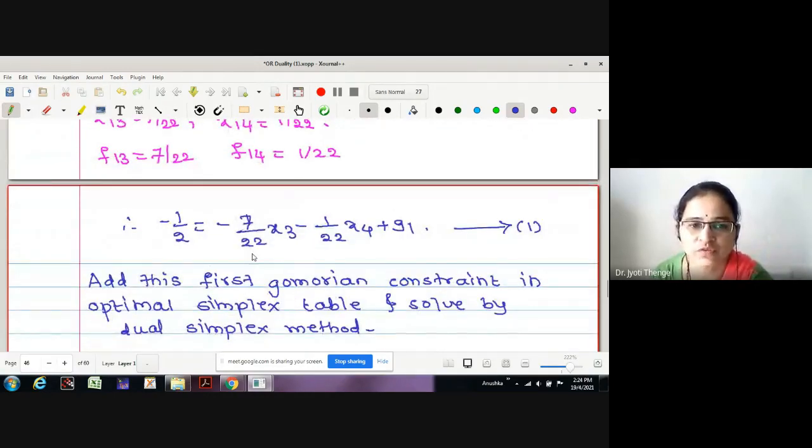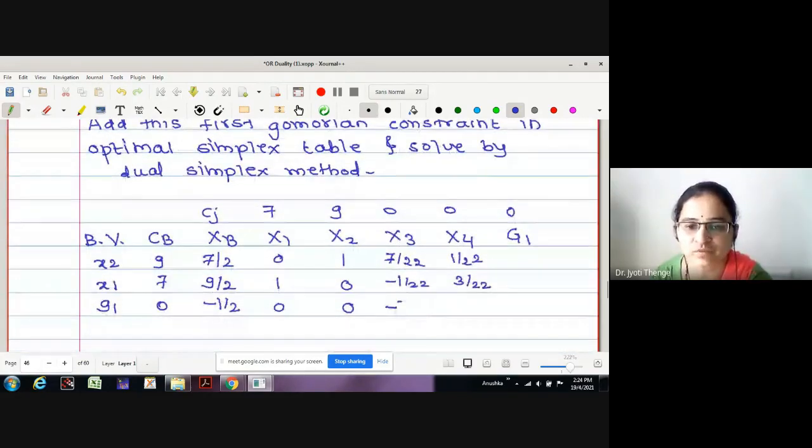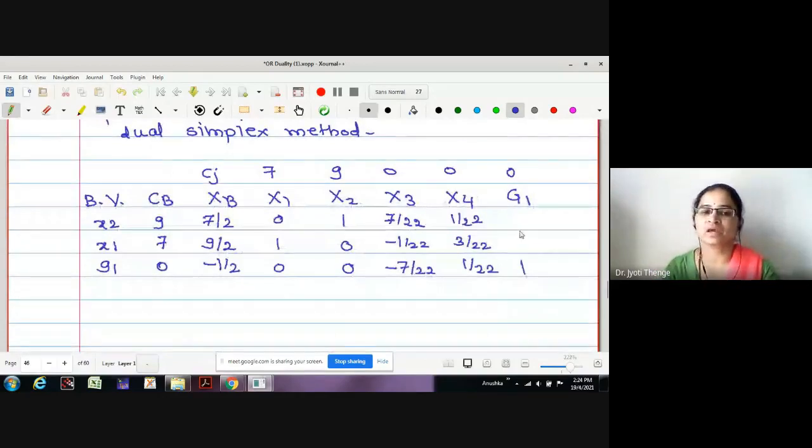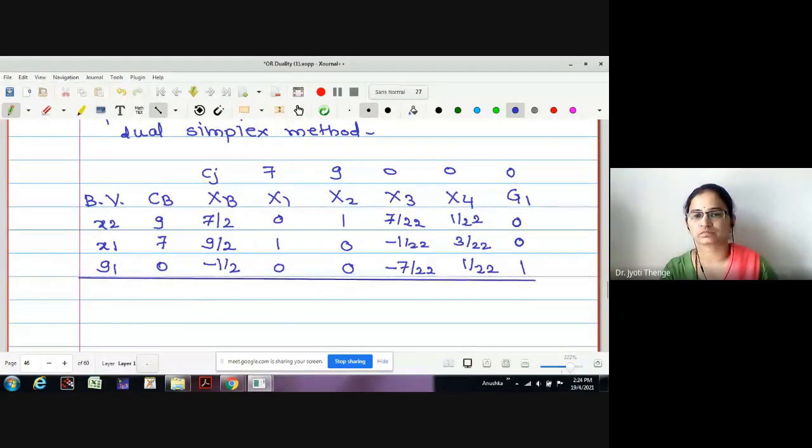Coefficient of x3 is minus 7 upon 22. For x4, it is minus 1 upon 22. What is the coefficient of G1? It's 1, plus G1 is there. Now, what is the role of the variable G1 in the first two constraints? It's obviously 0. Now you find out the net evaluations.